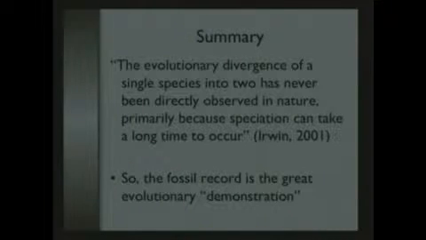And you know, Irwin admits that even in 2001, the evolutionary divergence of a single species into two has never been directly observed in nature, and the reason is, of course, the appeal to time.